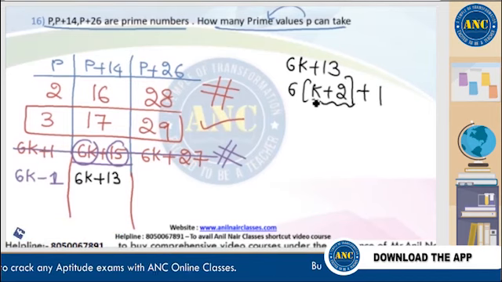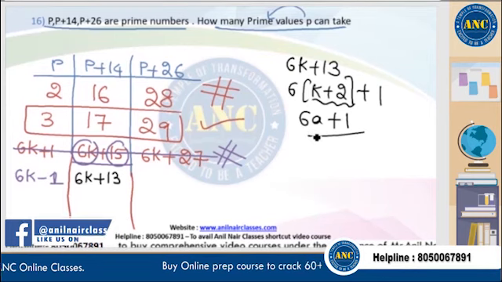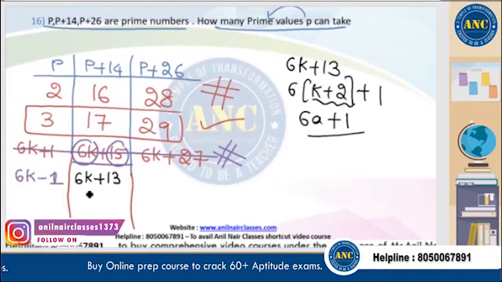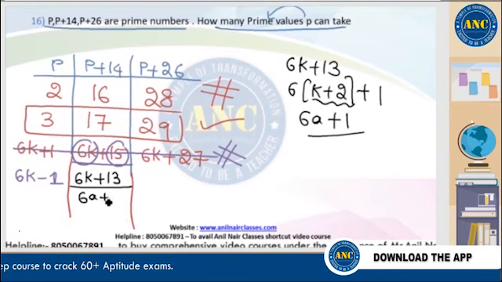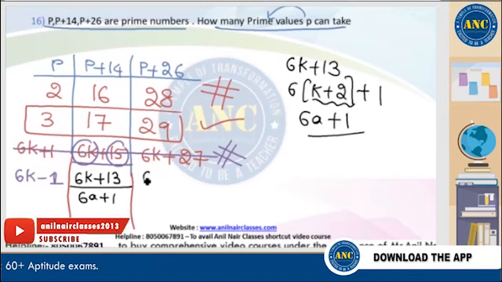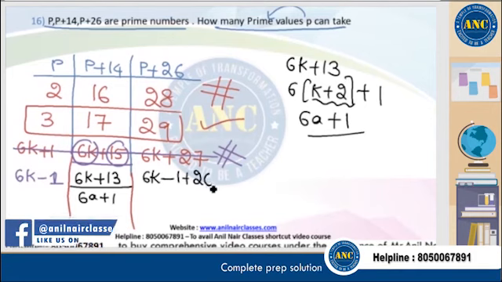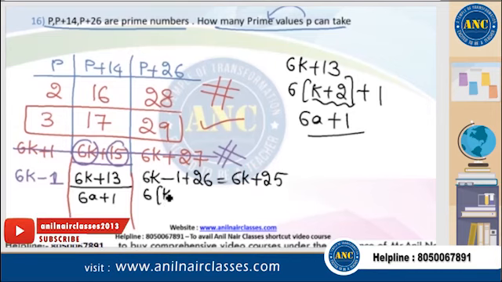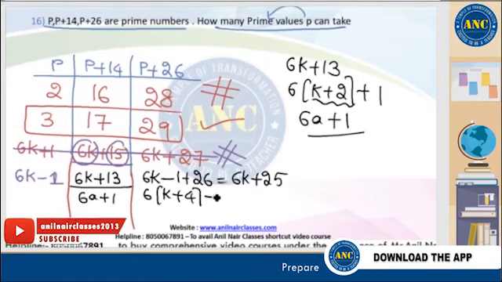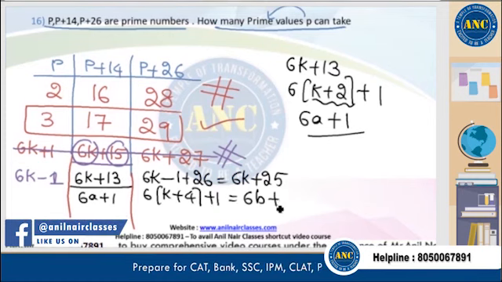If I give k plus 2 to a different variable a, this is nothing but 6a plus 1. Similarly, 6k minus 1 plus 26 is 6k plus 25, which is 6 into k plus 4, plus 1. So k plus 4 I will call b.